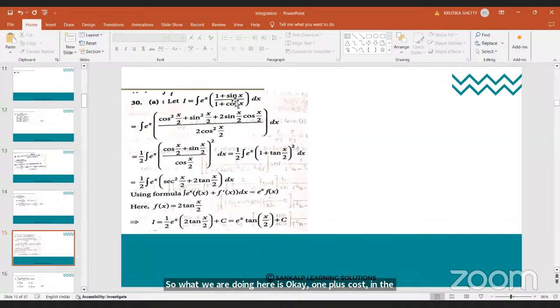In the numerator, by making use of the trigonometry formula sin 2x is equal to 2 sin x cos x.